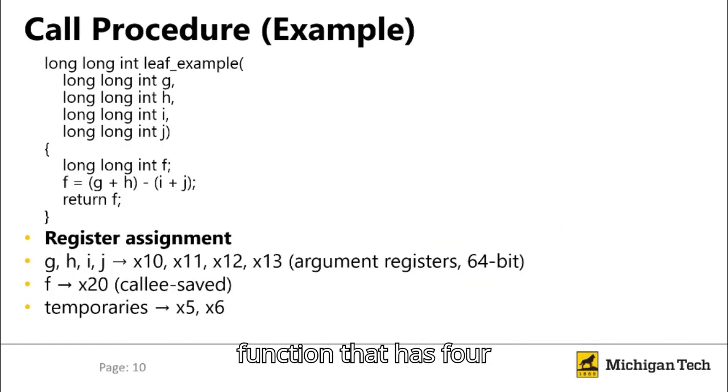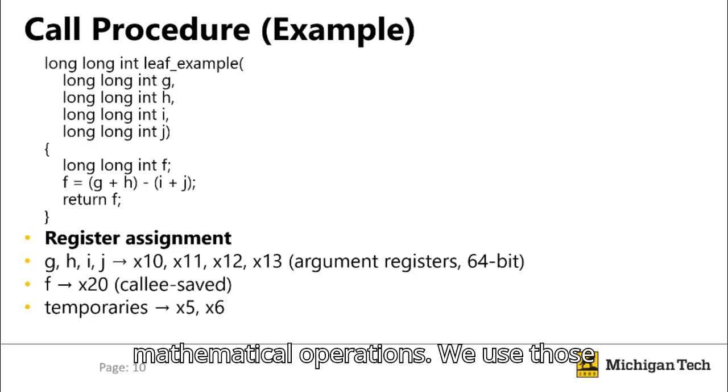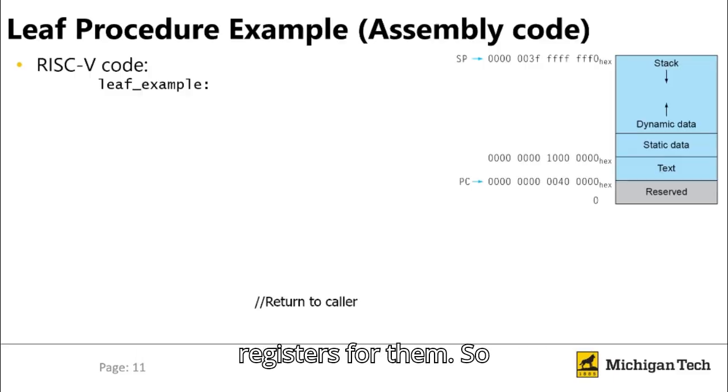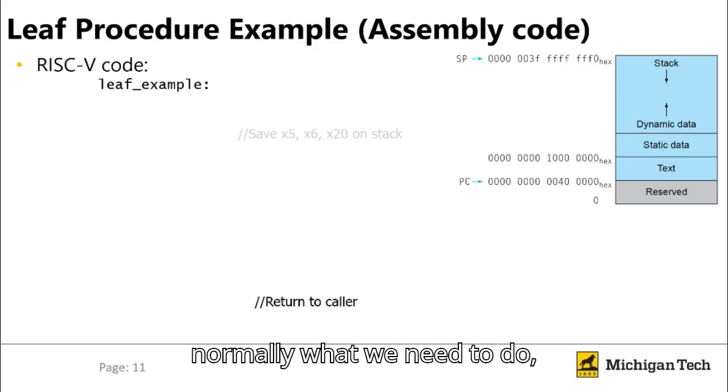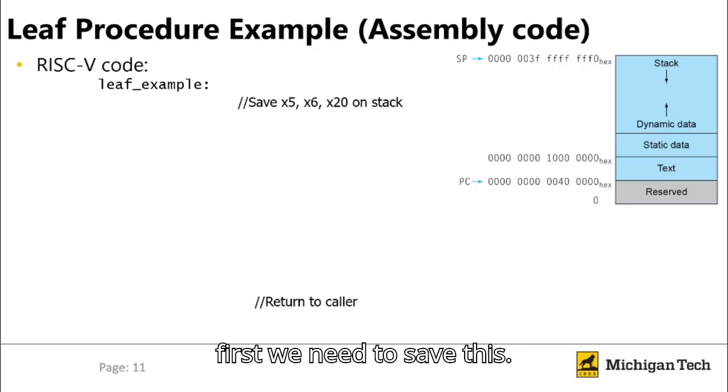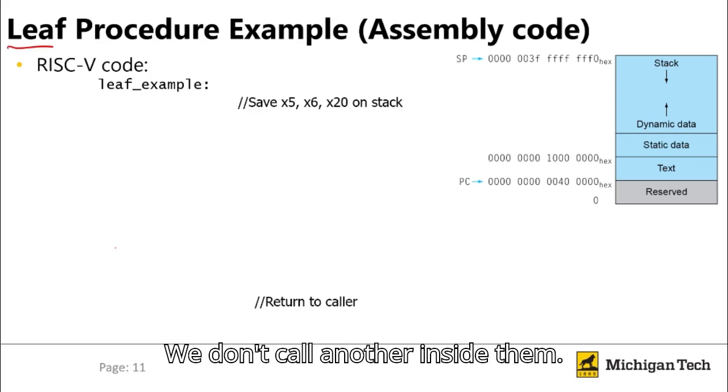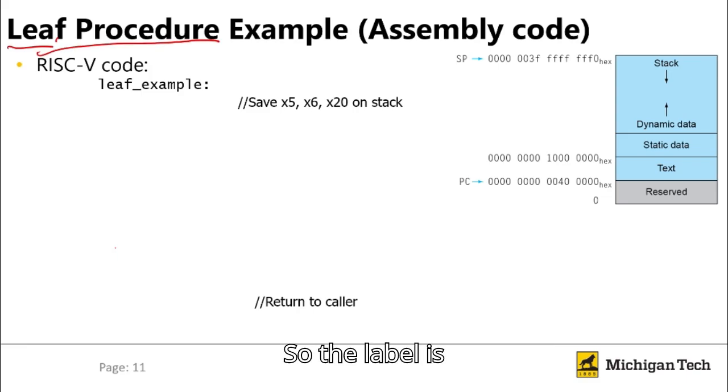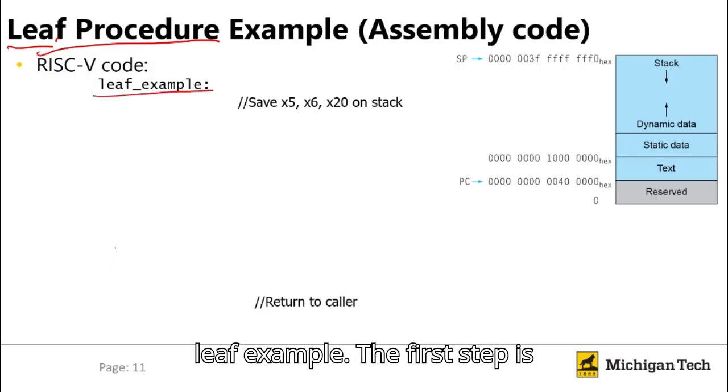So here we have a function that has 4 arguments and does some mathematical operations. We use those registers for them. So normally what we need to do, first we need to save these. This is a leaf procedure. We don't call another procedure inside it. So the label is leaf example.